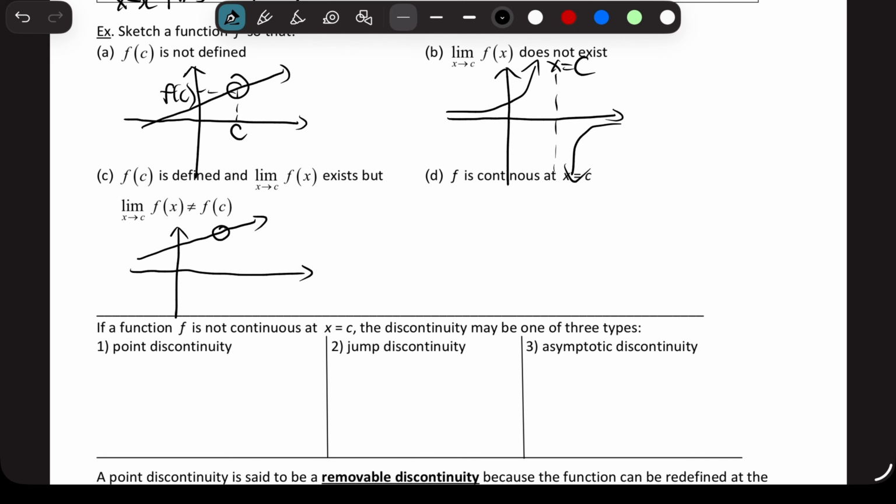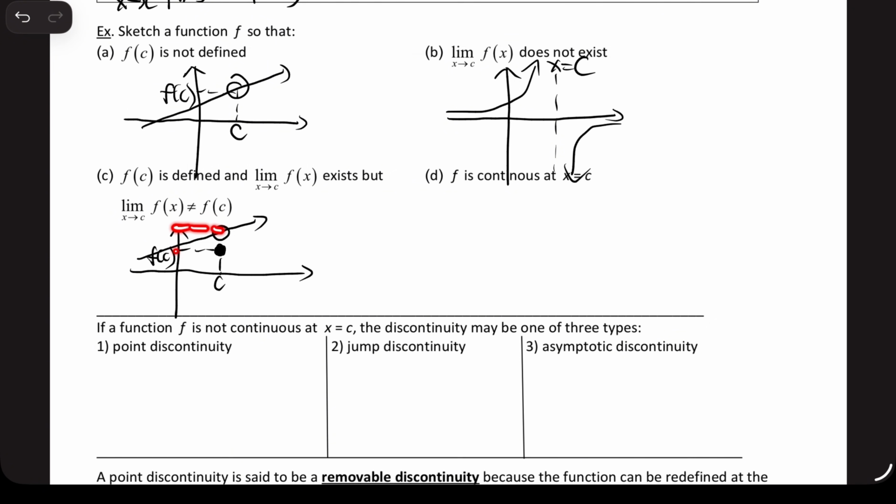But at this point, f of c is not defined, which means that it's defined elsewhere, but at the same point of x equals c. We can say there's a point beneath it or above it, doesn't matter. This is c, this is f of c. It is defined at x equals c, and the limit also exists, but they're just not equal because they correspond to different y values.